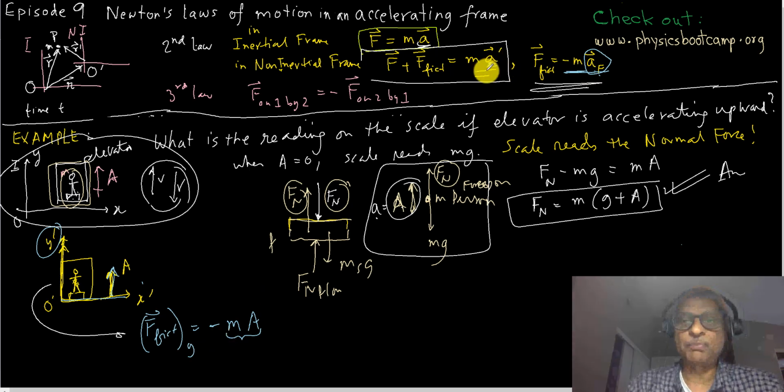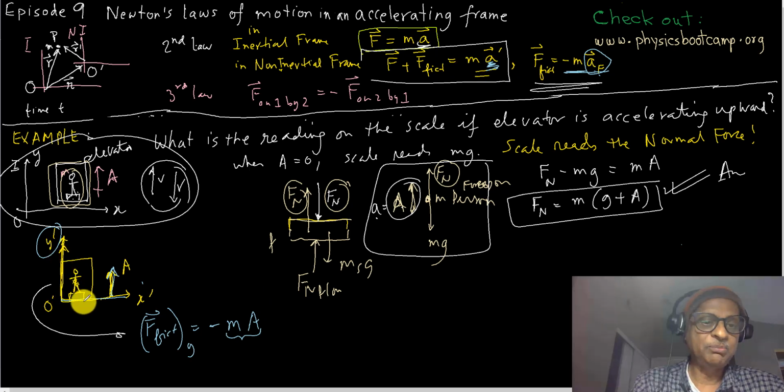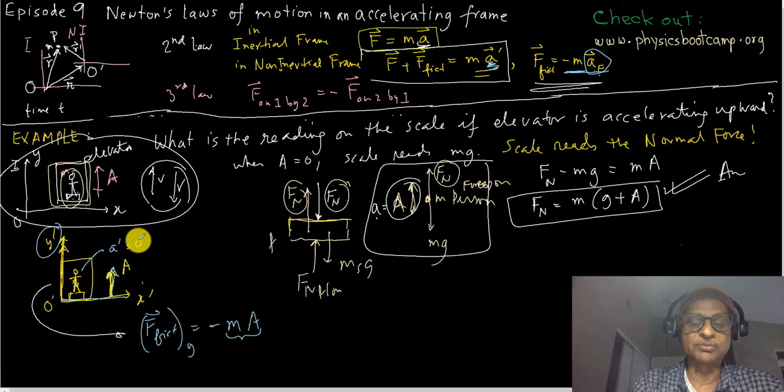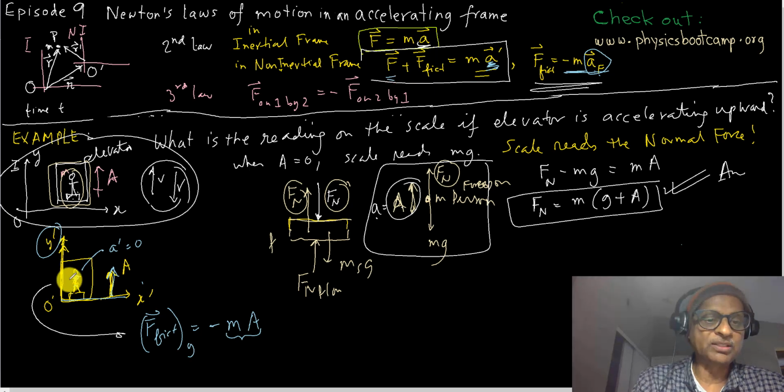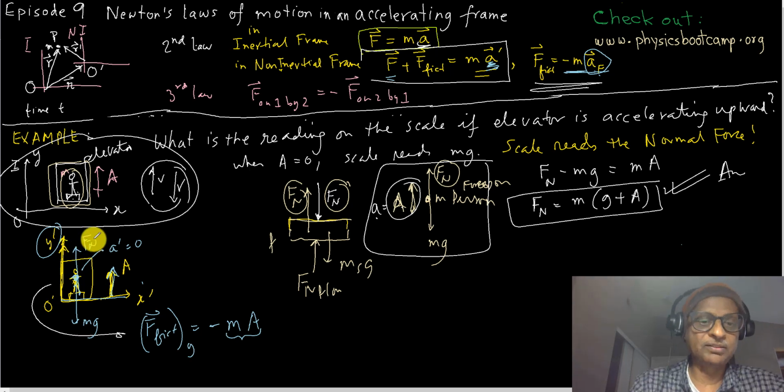How about the A prime? In this frame there is no acceleration, so A prime is equal to 0. Let's look at the forces on these guys. You have an mg and you have an Fn.